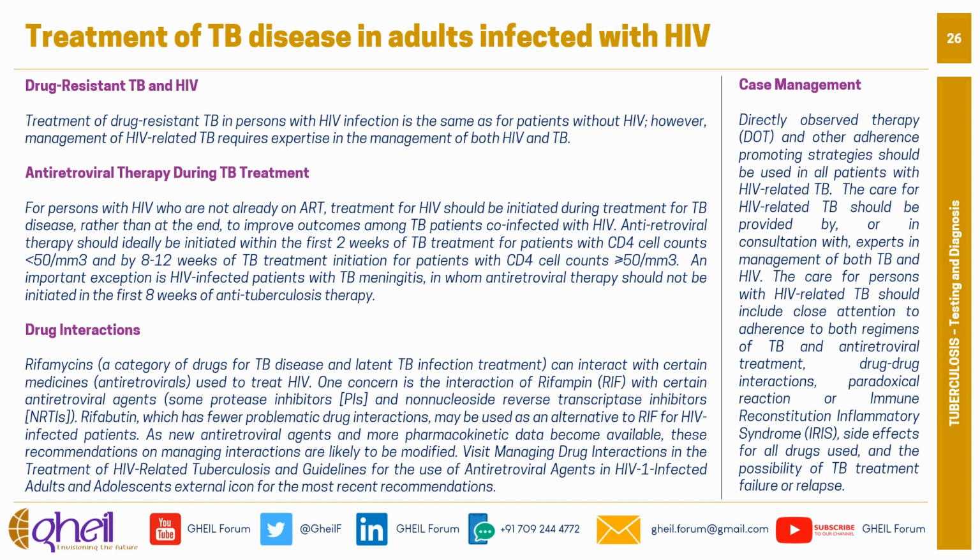As new antiretroviral agents and more pharmacokinetic data become available, these recommendations on managing interactions are likely to be modified. Visit Managing Drug Interactions in the Treatment of HIV-Related Tuberculosis and Guidelines for the Use of Antiretroviral Agents in HIV-1 Infected Adults and Adolescents for the most recent recommendations.